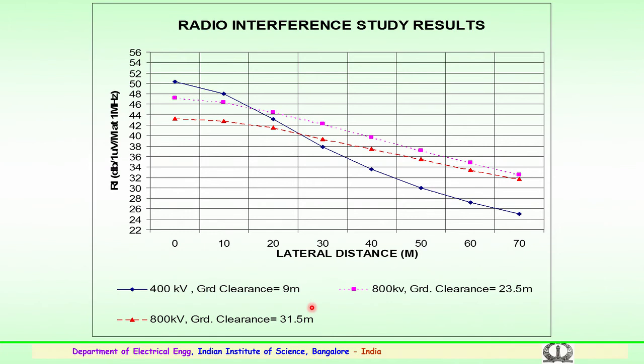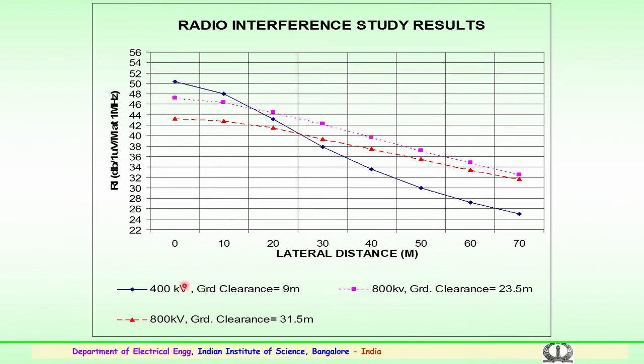Now the preferred radio interference values, as mentioned earlier, are again important. These are radio interference values in dB above 1 microvolt. Here again, dB above 1 microvolt versus the lateral distance: as the distance increases, you can see the radio interference level comes down for 400 kV as well as UHV lines.